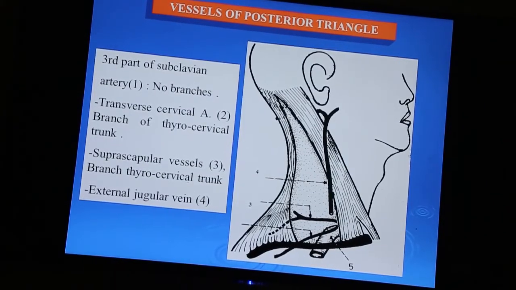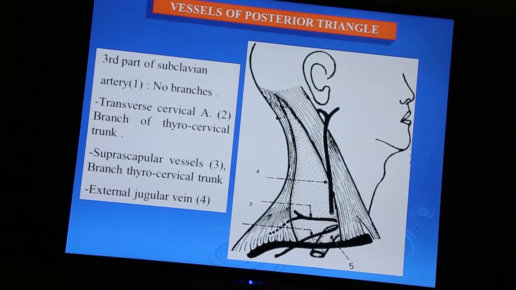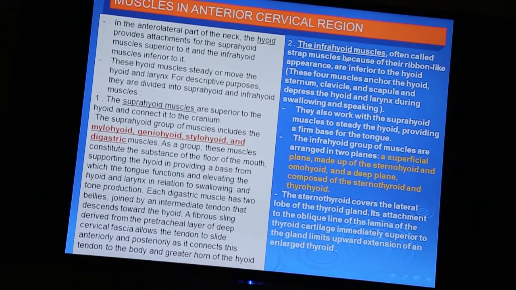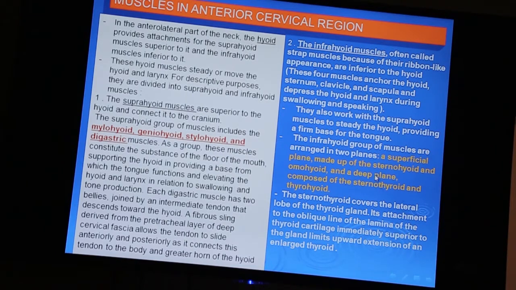The infrahyoid group has a superficial plane made of sternohyoid and omohyoid muscles, and a deep plane composed of sternothyroid and thyrohyoid muscles.